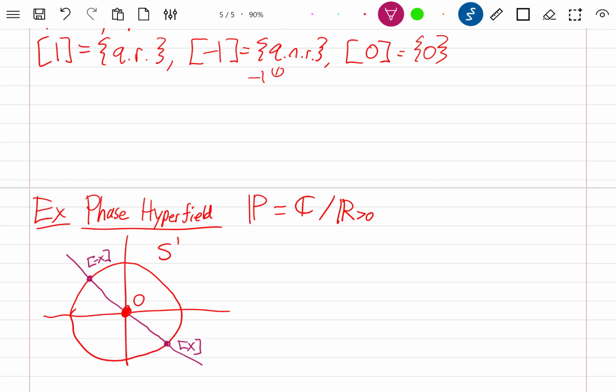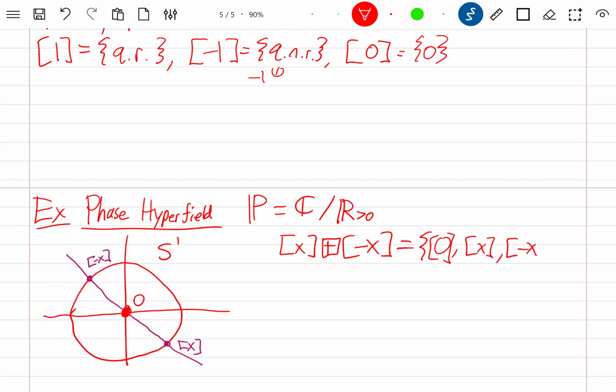So x plus negative x is the set 0, x, negative x. And this should be similar: 1 plus negative 1 is the set 1, 0, negative 1.